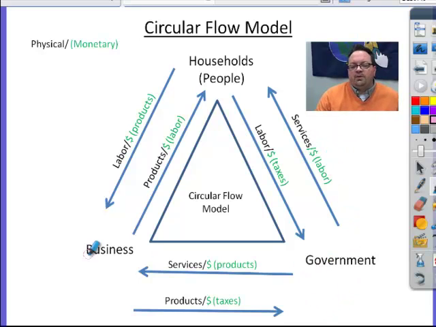Lastly is the interaction between government and business. So let's take a look at first at what the businesses provide to the government. Well, pretty much the same thing they provide to us, which is products. Like I said, the government is the largest consumer in the United States, so toilet paper manufacturers, coffee manufacturers, people that create computers like Dell and Apple, they provide large amounts of these to the U.S. government.